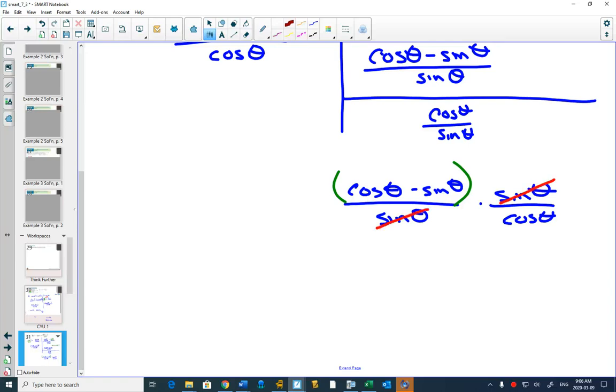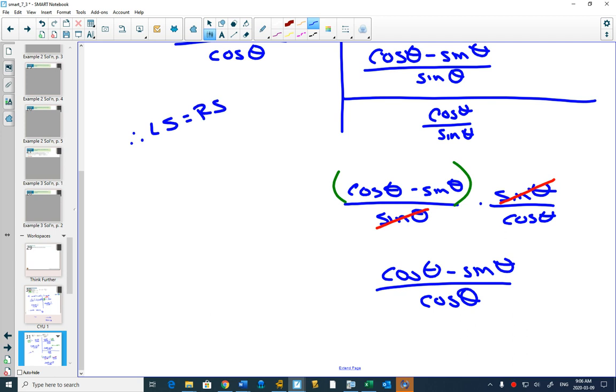We'll simplify with the sine theta, leaving us with cos theta minus sine theta over cos theta, and we're done.